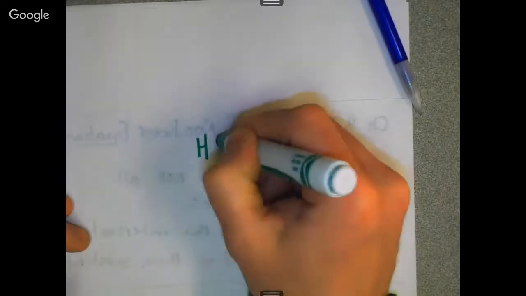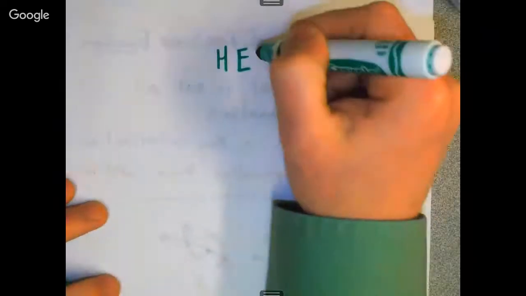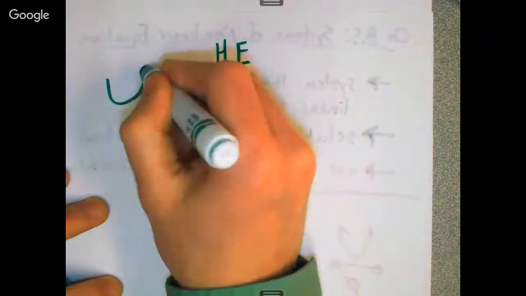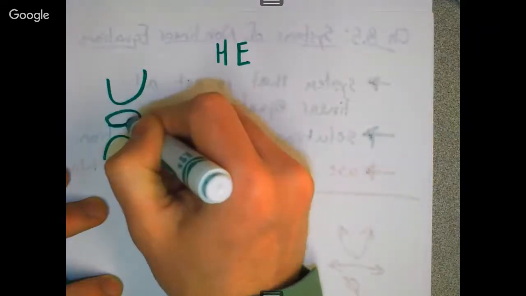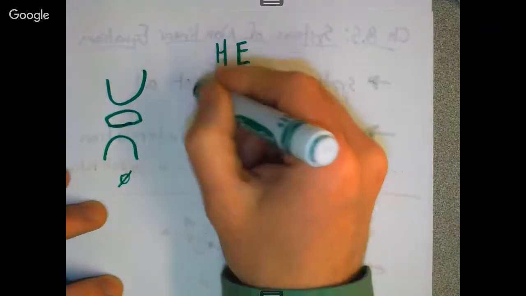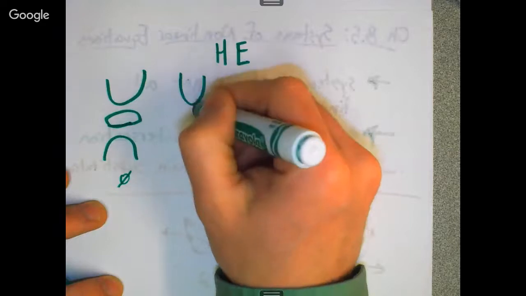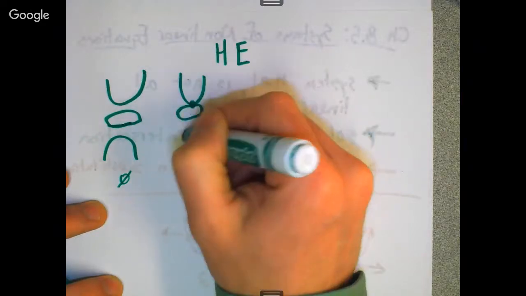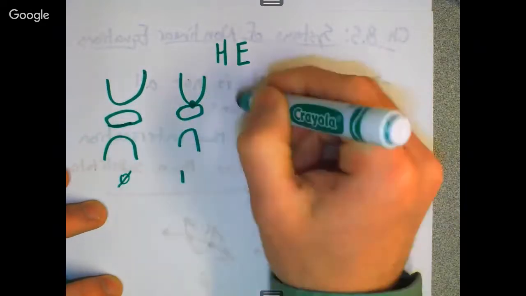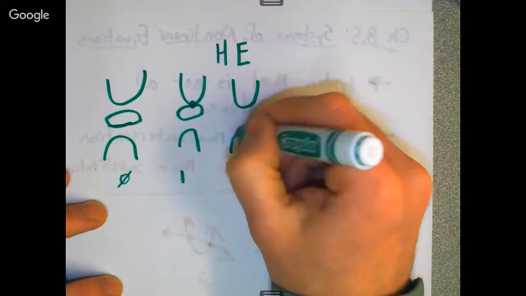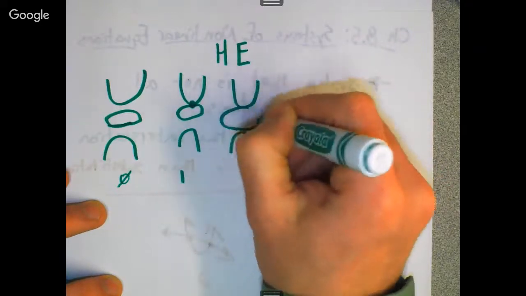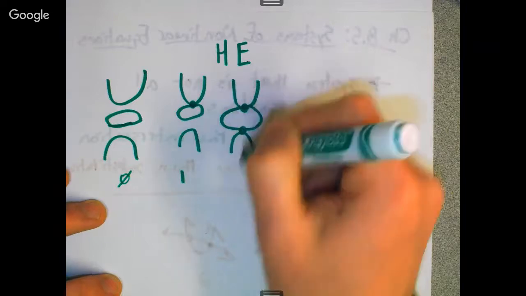Let's do one more: a hyperbola and an ellipse. What happens with those? They could not intersect, so no solutions. They could intersect once, right there, for 1. They could intersect twice, there and there.